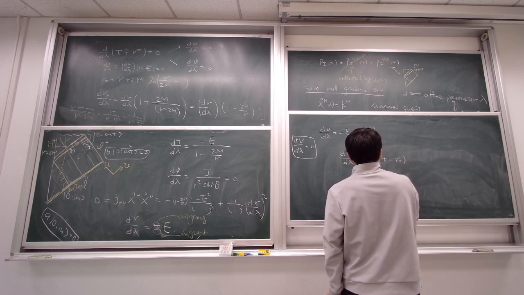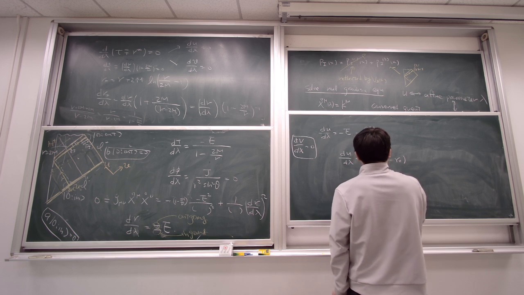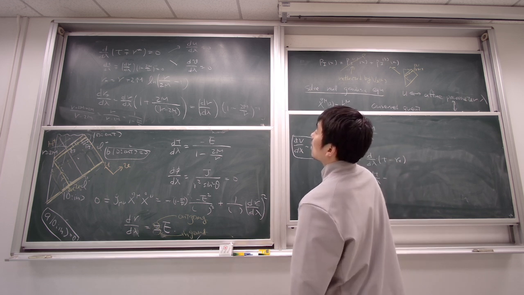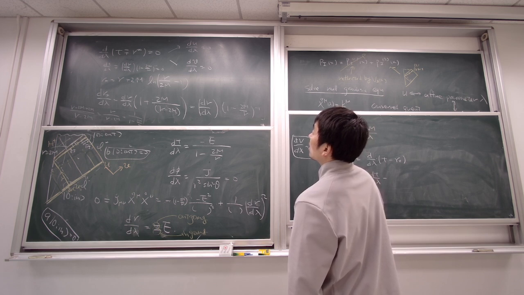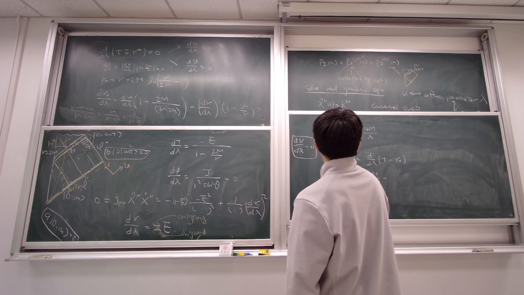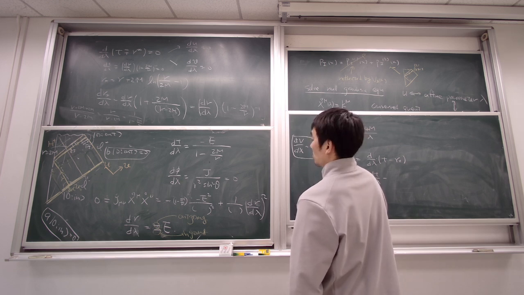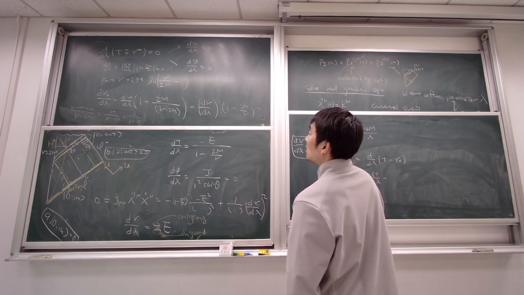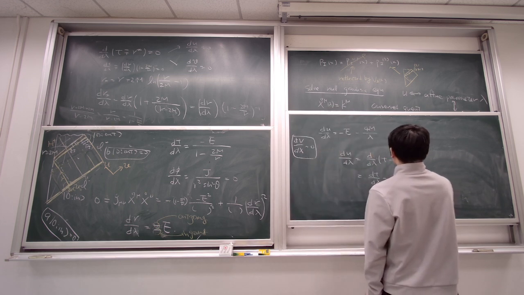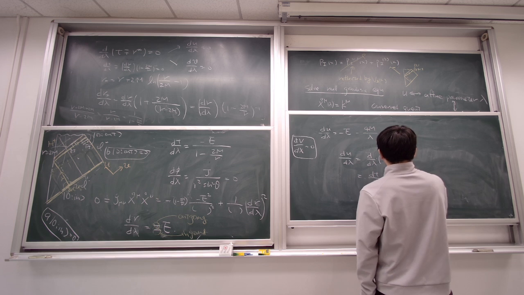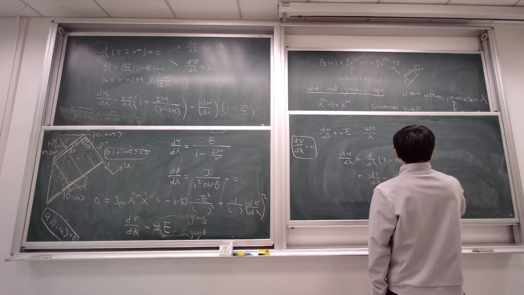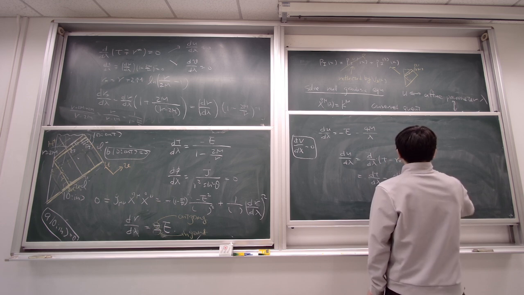And d d lambda minus, wait, where did I put dr d lambda and 1 minus 2m over r inverse, right?